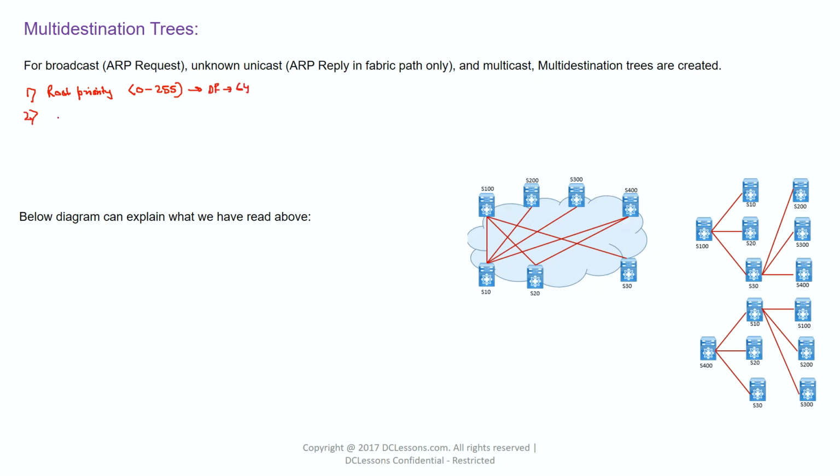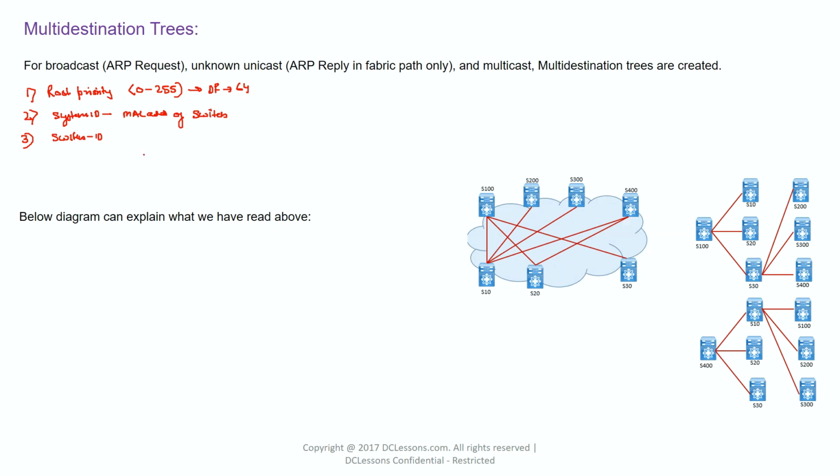Second is the system ID, that is the MAC address of the switch. Third is the switch ID, which the DRAP protocol assigns.